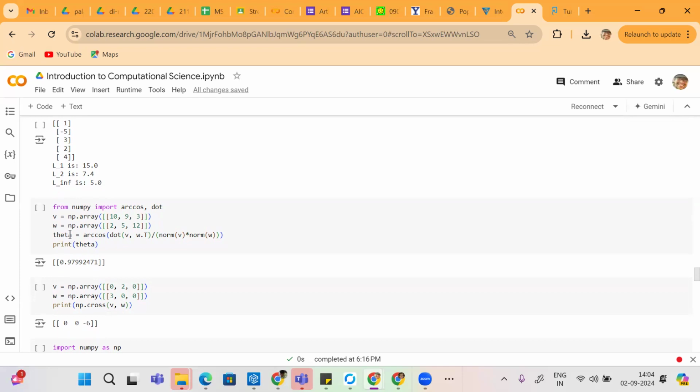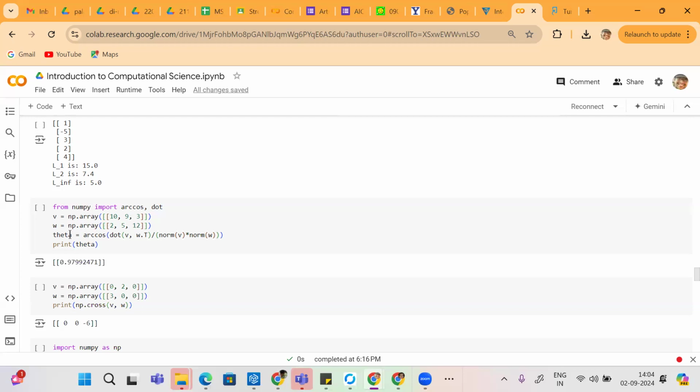So you can see this is the definition for the cross product. Sorry, the dot product. You know the dot product of two vectors, isn't it? Yes? So if the two vectors are perpendicular, what is the dot product? 0. Okay. If two vectors are parallel, what is their cross product? 0.